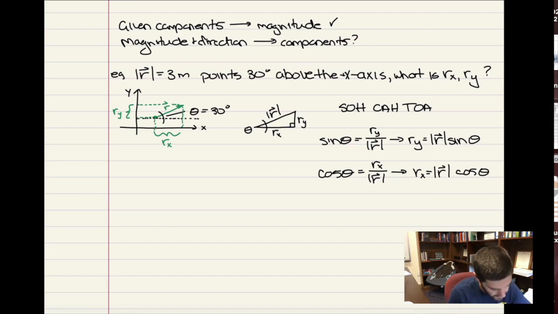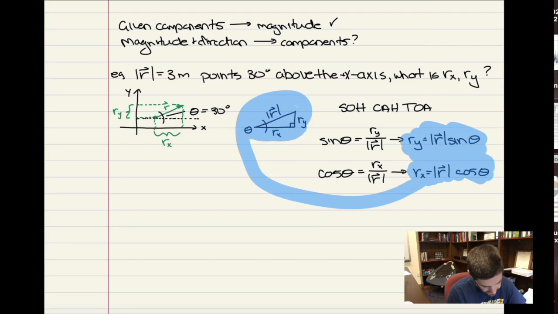So again, given the triangle that I drew above, this is an example of how you can find the components of the vector. And I'm going to not only highlight those equations, but also highlight them in reference to the particular triangle that's being drawn here, just because adjacents and opposites depend on where the angle is being drawn, which angle you're identifying.